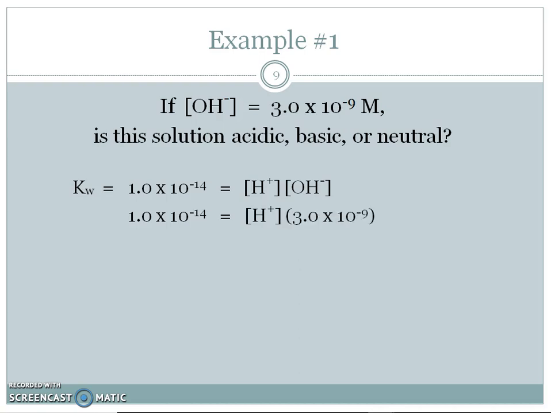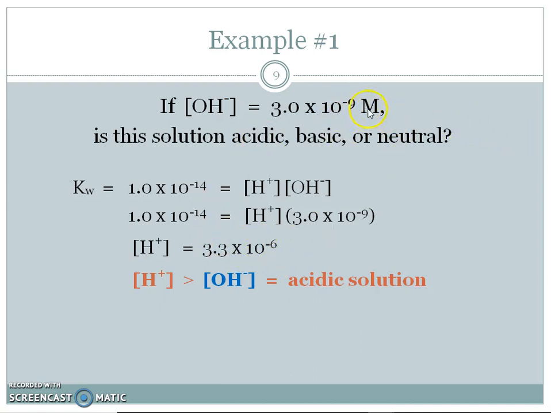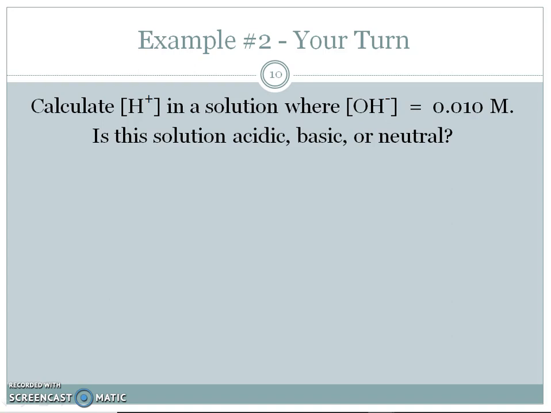We're going to rearrange, plug and chug, and we get H+ equals 3.3 times 10 to the negative 6. Well, what does that tell us? That tells us that our H+ is greater than our OH-, and we have an acidic solution. So remember, when we're in the negatives, your negative 6 is bigger than your negative 9. So give it a try. Pause the video and see if you come up with the correct answer.